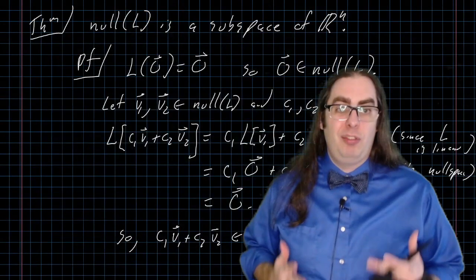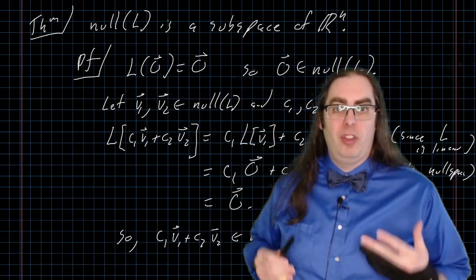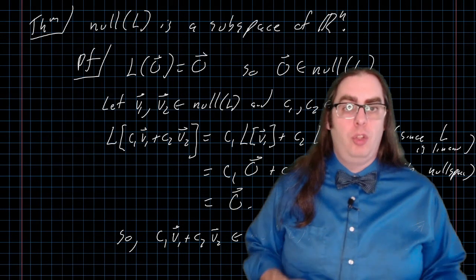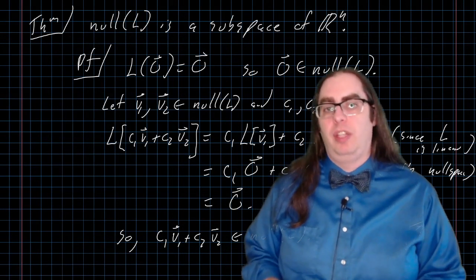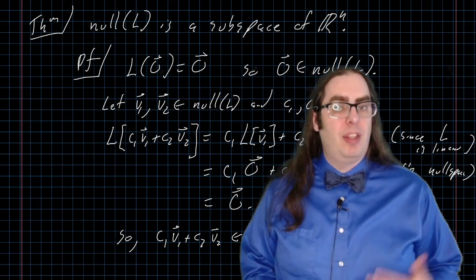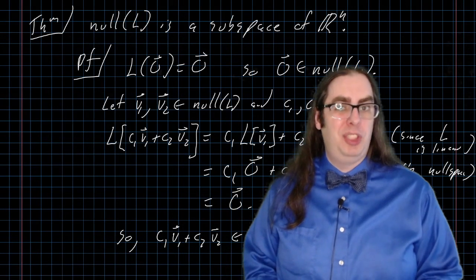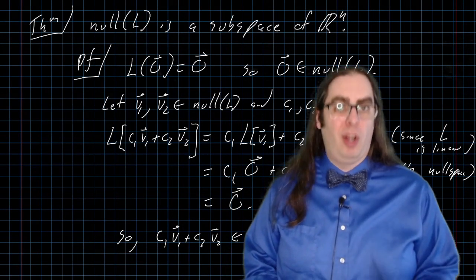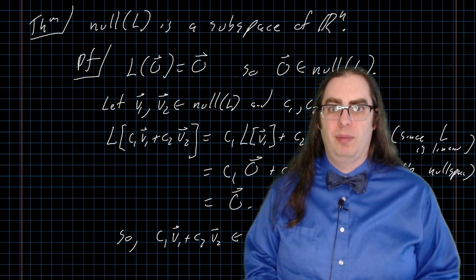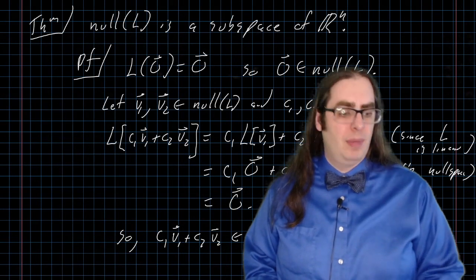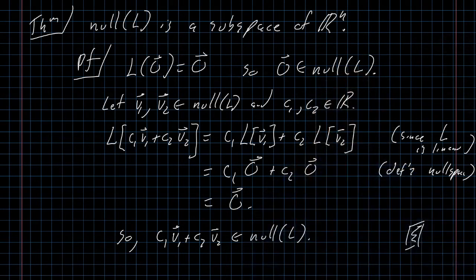And a nice follow-up to that, of course, since the null space is equivalent to the solution set of the homogeneous linear system, that means that the solution set to any homogeneous linear system is also a vector space. Nice.